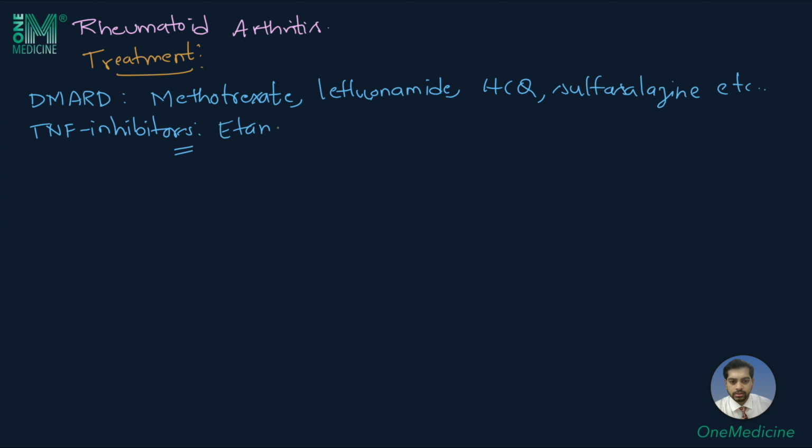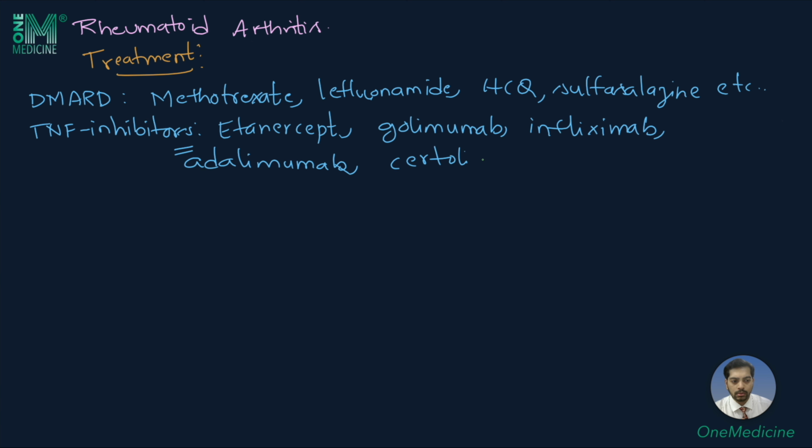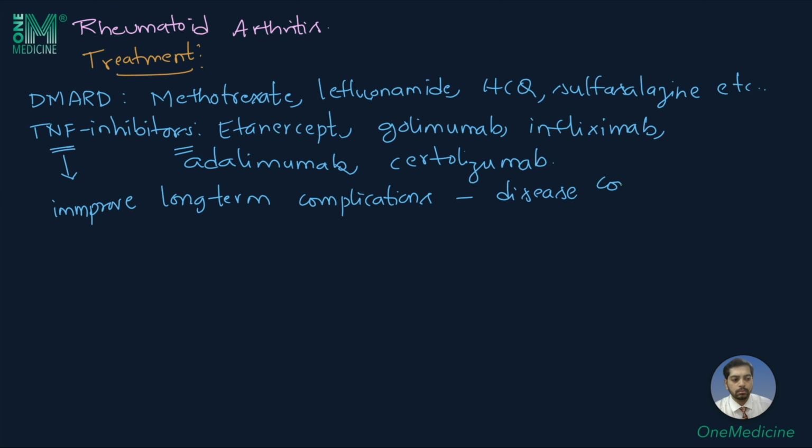These include etanercept, golimumab, infliximab, adalimumab, and certolizumab. TNF inhibitors are known to improve long-term complications and help in disease control, but these agents increase the risk of serious infections.